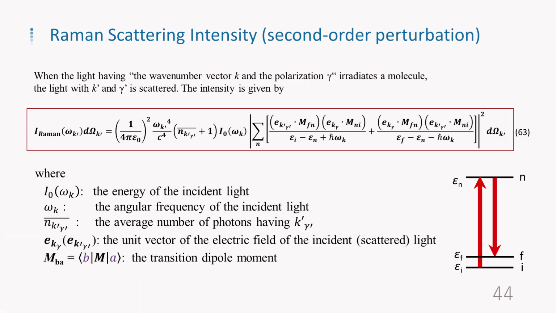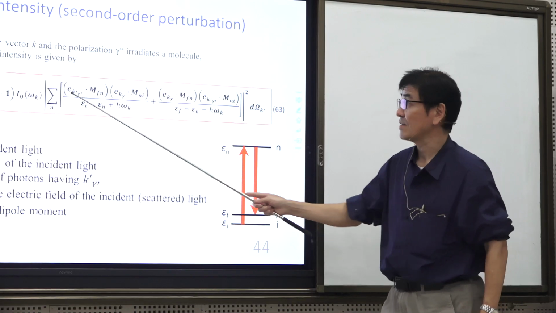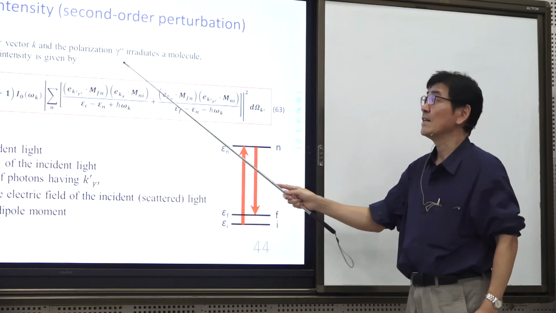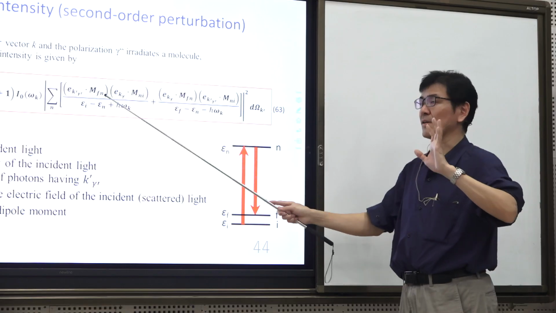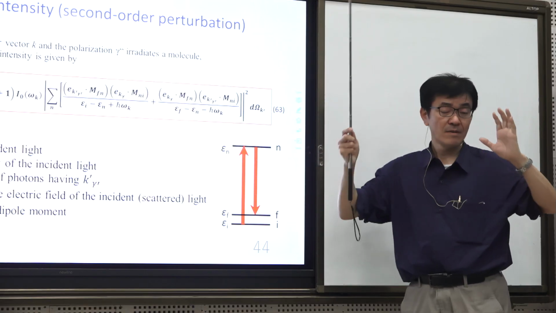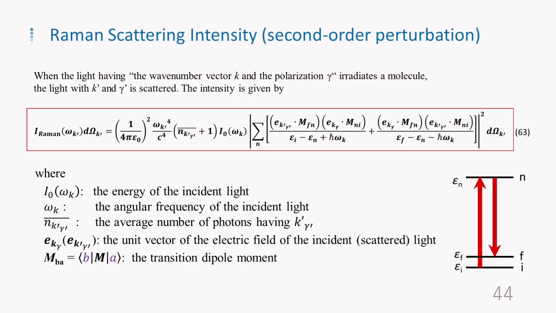But anyway, by considering these points, we can derive the Raman scattering intensity in this way. I will explain each point later, but anyway, it comes from the H prime interaction Hamiltonian, and the momentum operator M is included here.